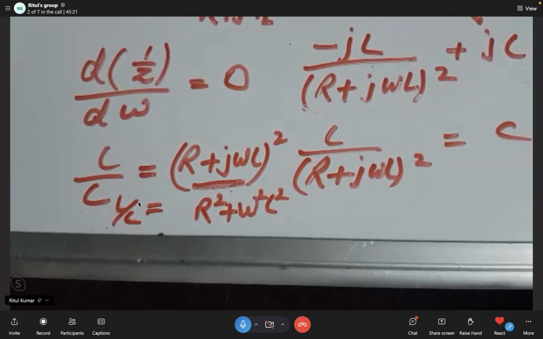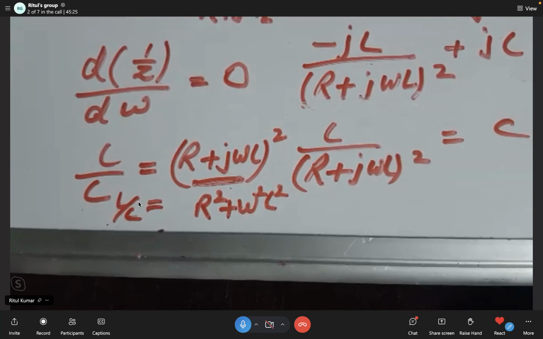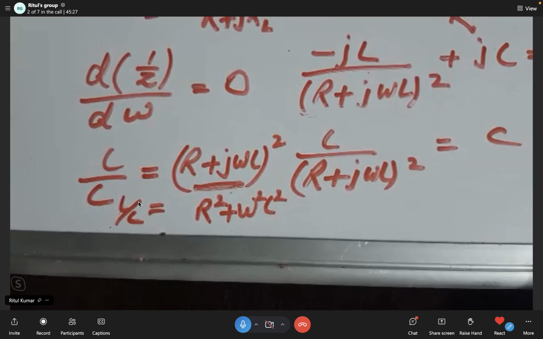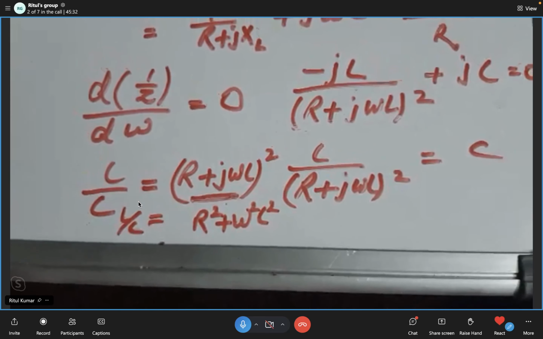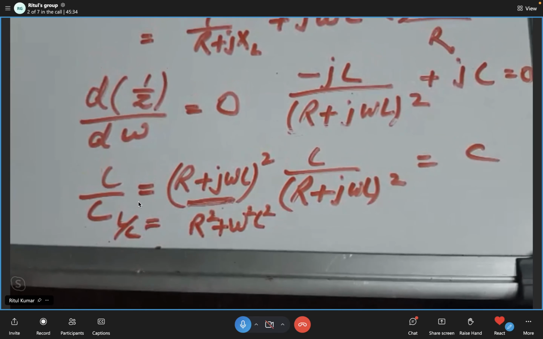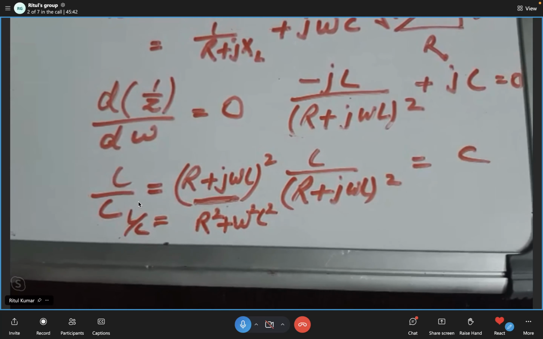Okay, L by C. How did we just get away with replacing R plus j omega L with its magnitude? That's the part that's bumming me right now. Okay. So I'm equating it to L by C, right? Yes. Left hand side, you are having L by C, which is real, correct?